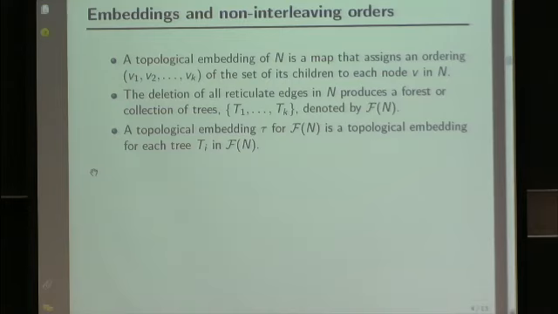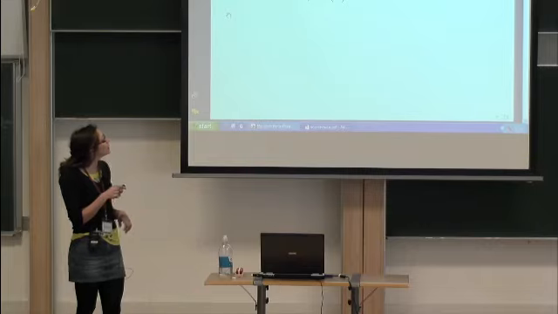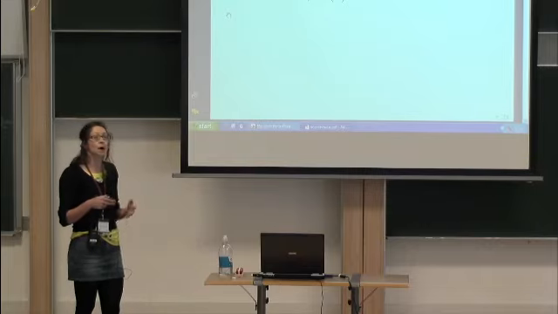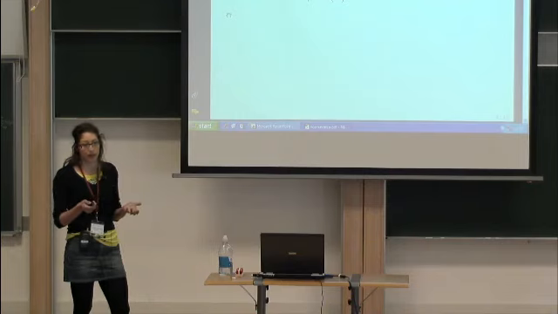What I will call a topological embedding of a phylogenetic network S is a map that assigns to each node of the network an ordered set of its children. I'm going to denote by F_N the forest of trees that I can get by deleting all reticulate edges of the network. I'm going to call reticulate edges the edges that enter a reticulate node, otherwise I will call them tree edges.